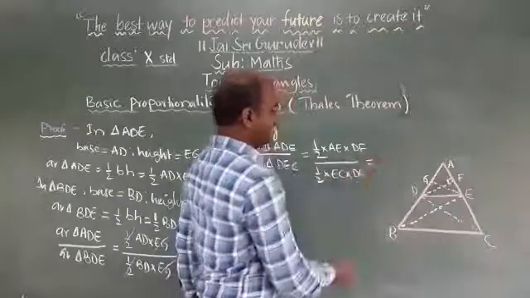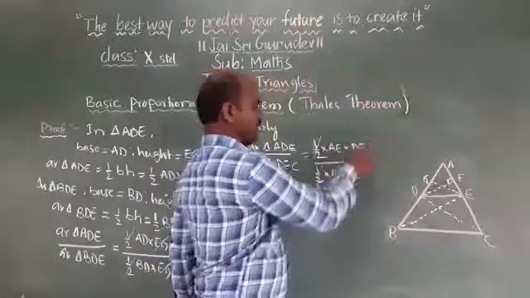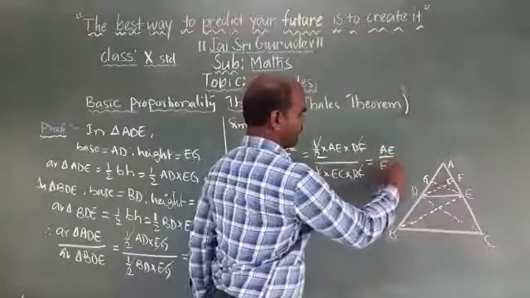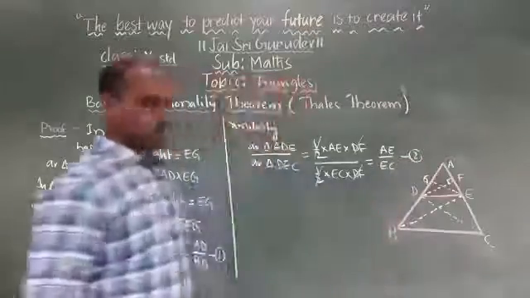By cancelling, what we get is AE by EC. This is equation 2.